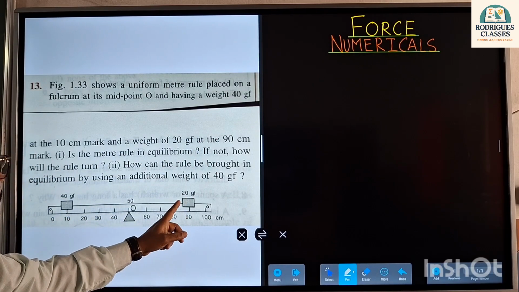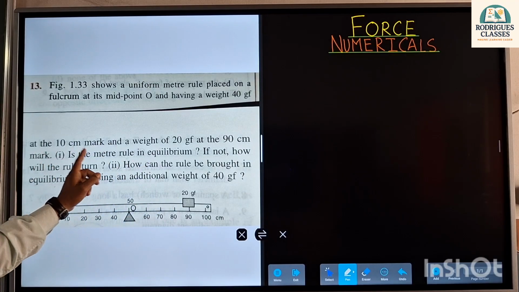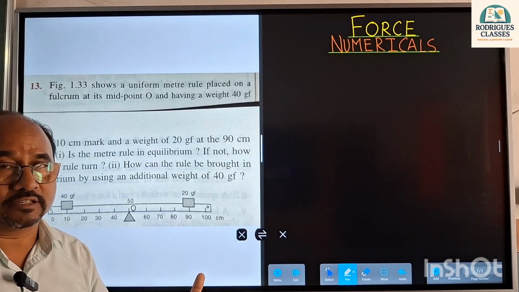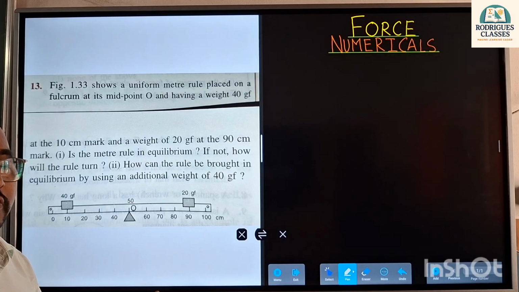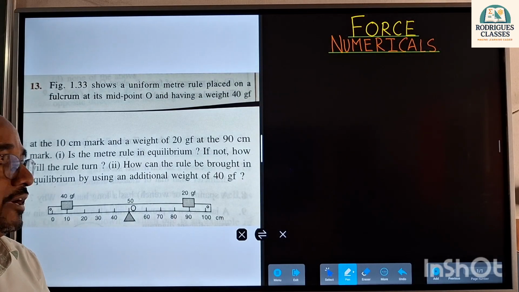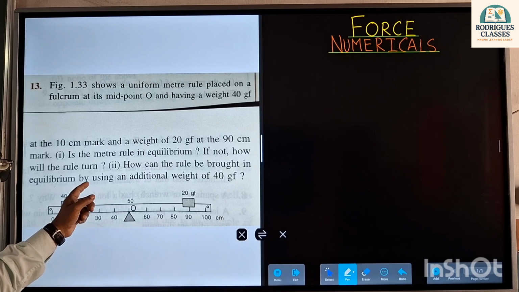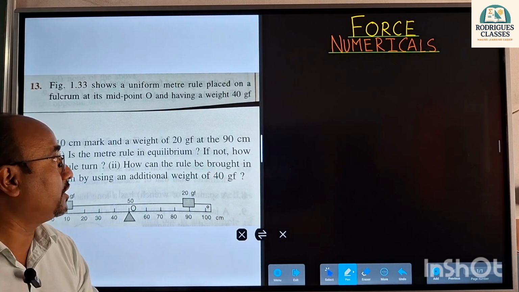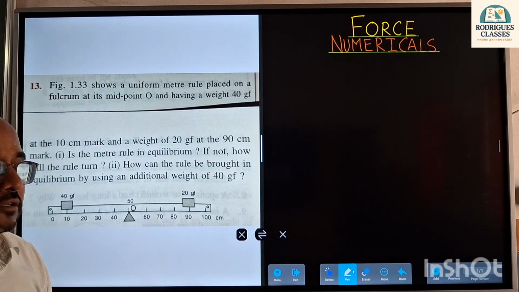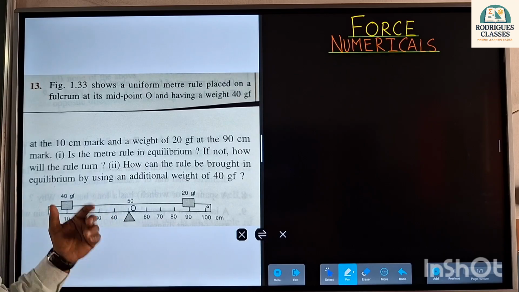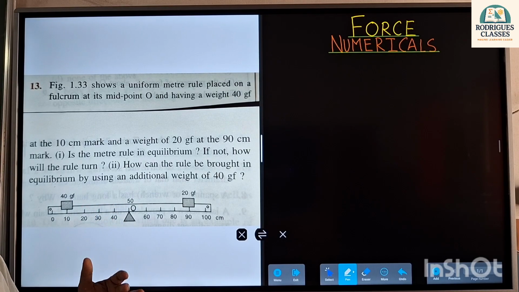Here is the 20 GF. So it is asking us, first one, is the meter rule in equilibrium? Means is it balanced or not? We will come to know by knowing the anti-clockwise moment and clockwise moment. How can the rule be brought in equilibrium by using an additional weight of 40 GF? And if it is not balanced, then in which direction is it going to turn? That is also asked.